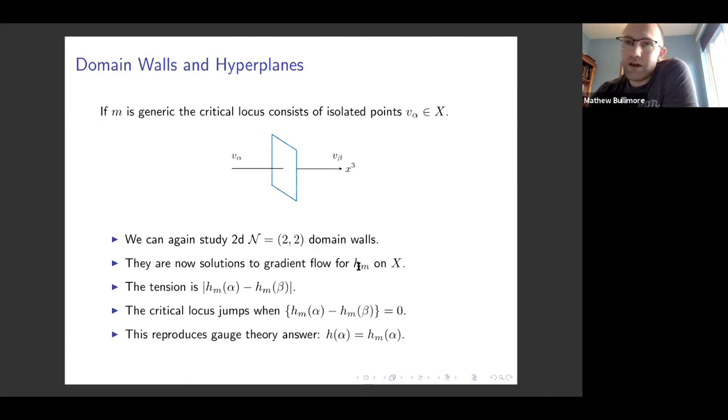If I go to a theory with less supersymmetry, this function h will receive contributions from all possible mixed Chern-Simons terms in a vacuum. And as we know, when you integrate out matter, you get mixed Chern-Simons terms from a one-loop quantum correction.